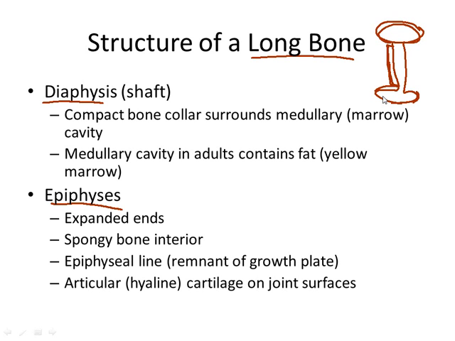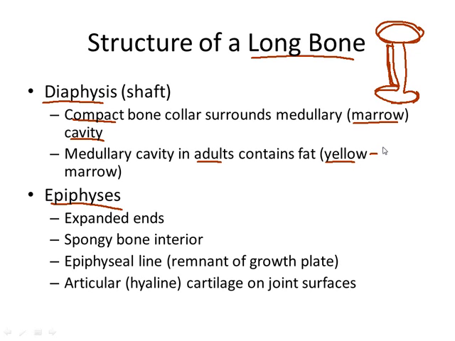The diaphysis basically has compact bone around a medullary cavity. So it's compact bone around a cavity. And inside that cavity, that's where you find marrow, bone marrow. Inside that medullary cavity, you're going to find the bone marrow. Now, in adults, that marrow is yellow.